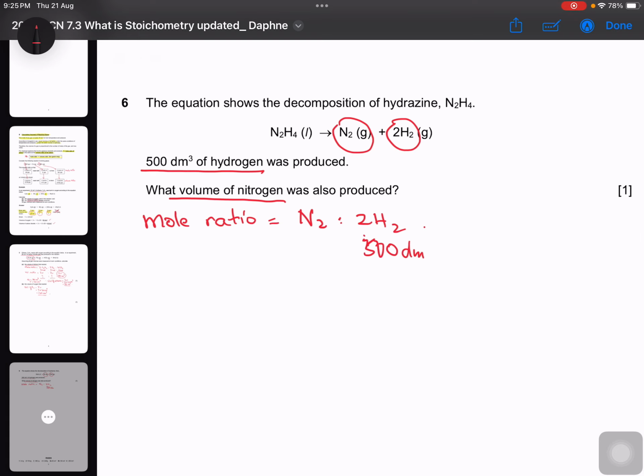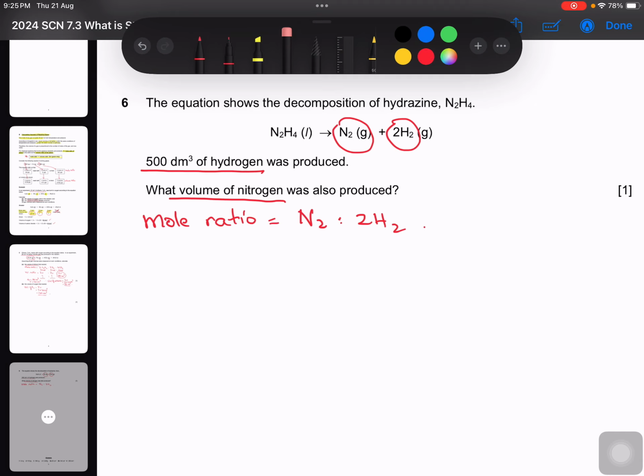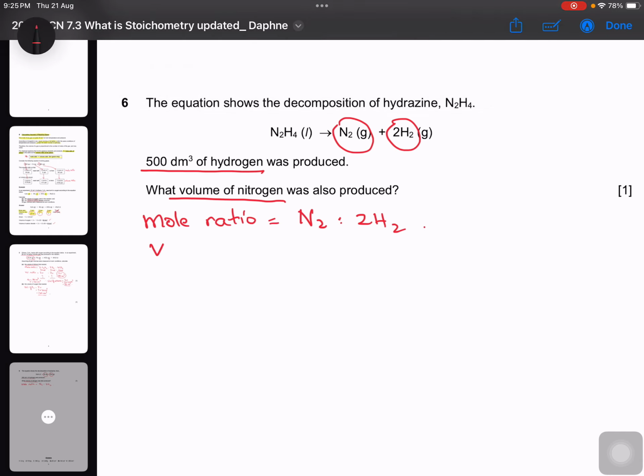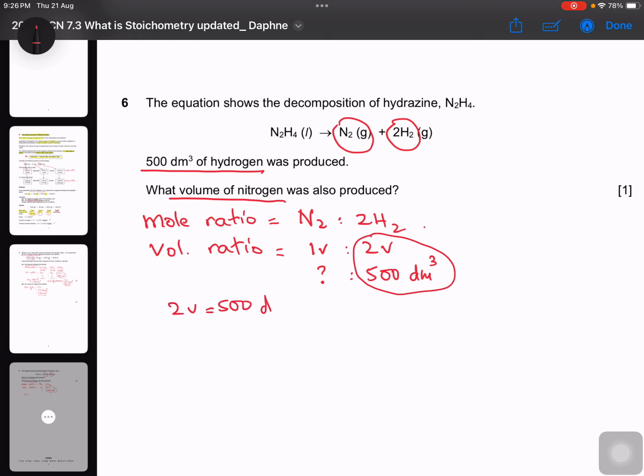Oh, sorry, wait. We have not talked about volume. So, mole ratio equals volume ratio. This will be 1V is to 2V. Now put in the 500 dm cube. So from here, we know that 2V equals 500, so V will be equal to 250.